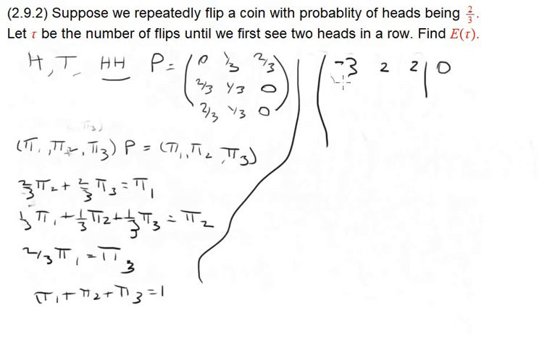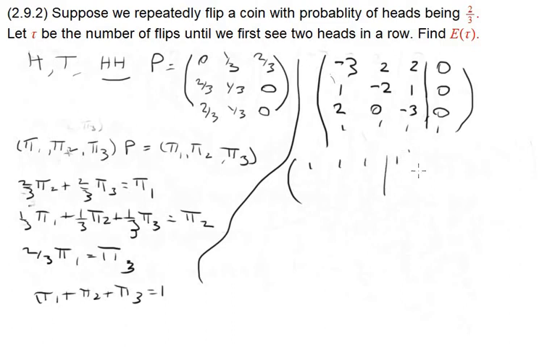Once again, multiply the second equation by 3, so you get 1, 1 minus 3, so -2, 1 equals 0. Third equation, multiply by 3, so you've got 2 pi1, 0 pi2, minus 3 pi3 equals 0, and 1, 1, 1, 1. Put the last row on top, so 1, 1, 1 slash 1.